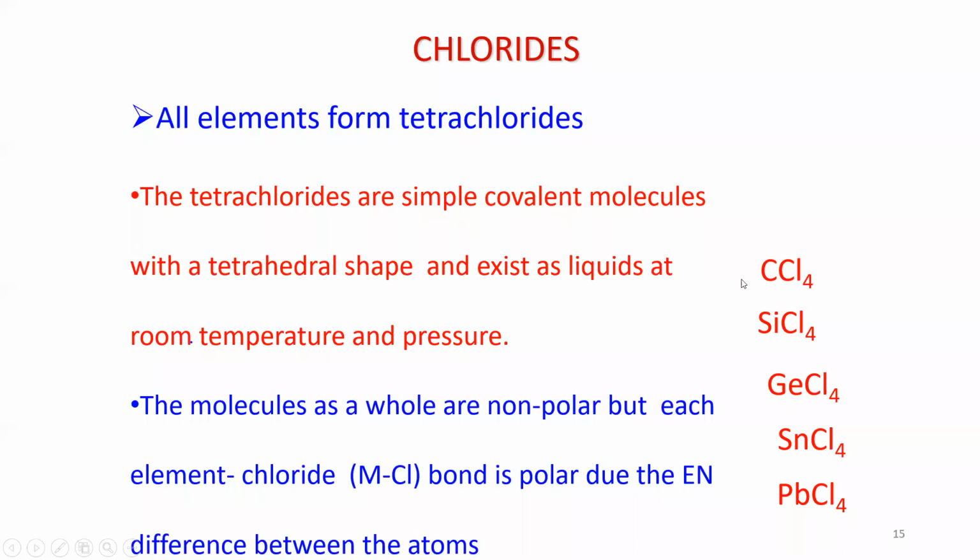But for this one, the difference in electronegativity is not much. So they usually form covalent molecules, and their shape is usually tetrahedral. Because it's 4, their shape is tetrahedral, and they usually exist as liquids at room temperature, not as solids.